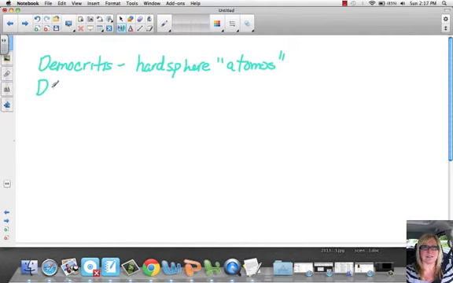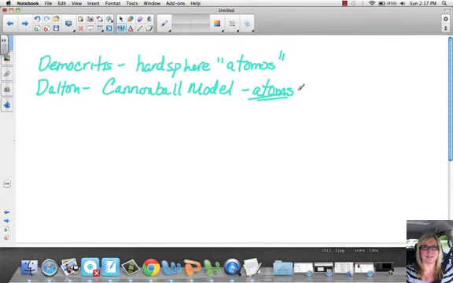Followed by him was Dalton, and this is the cannonball model. He agreed that atoms were indivisible, and he came up with the name atom, I believe using Democritus's word atomos.